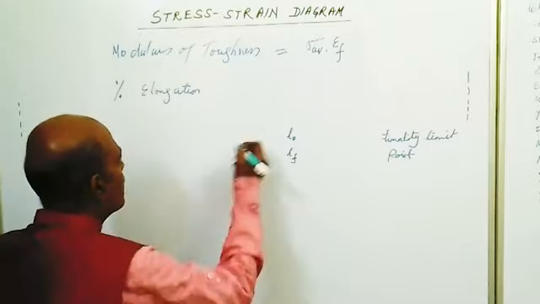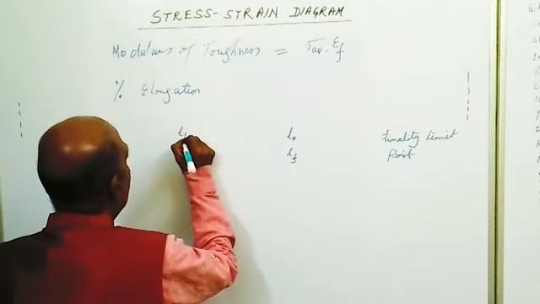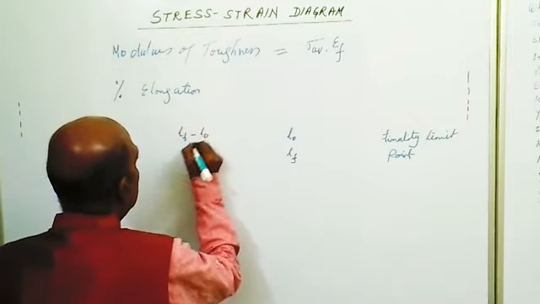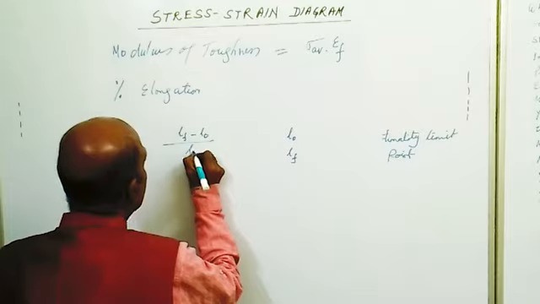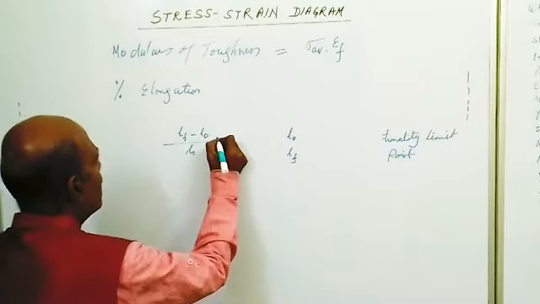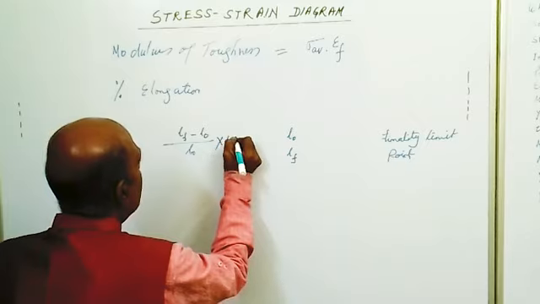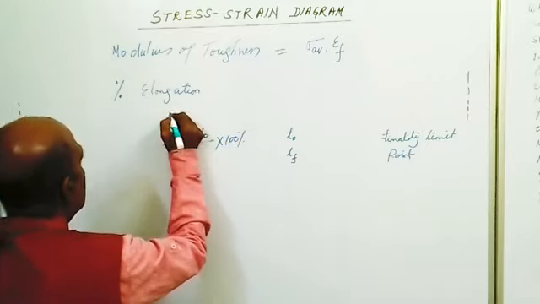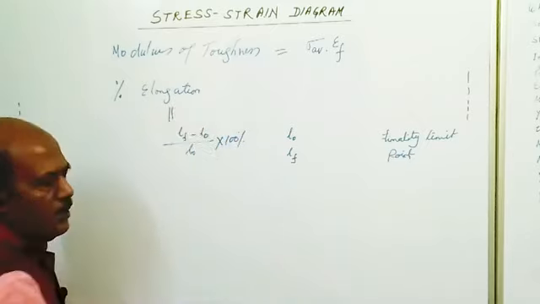Then what is the change in length? LF minus L0 per unit length, it is LF minus L0 by L0 into 100%. That is called the percentage of elongation.